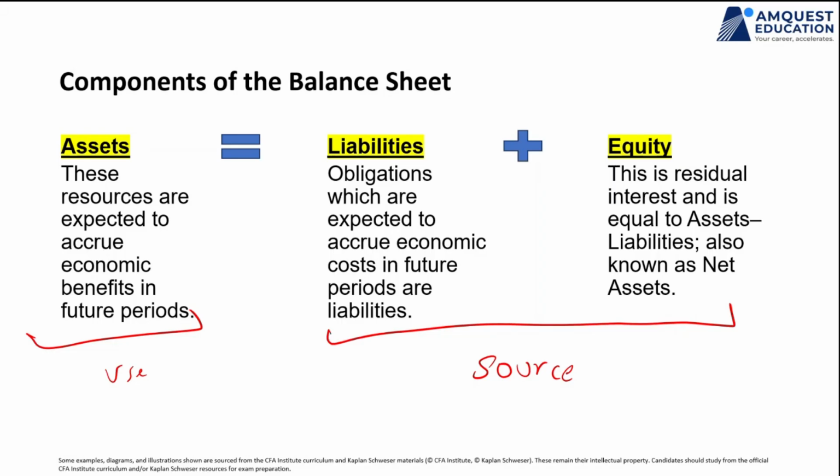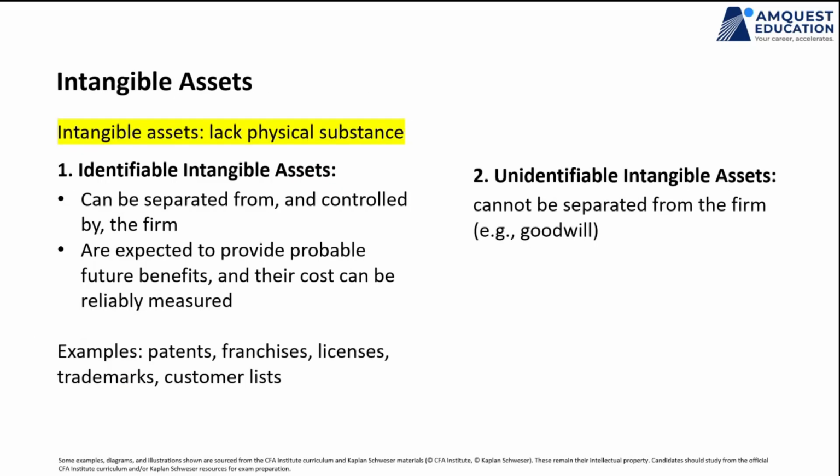Now in assets, there are a few different types of assets that we need to talk about. First, intangible assets. Intangible assets lack physical substance, which means they don't have any physical nature. Identifiable intangible assets can be separated from and controlled by the firm.